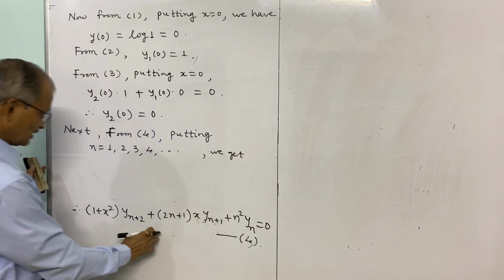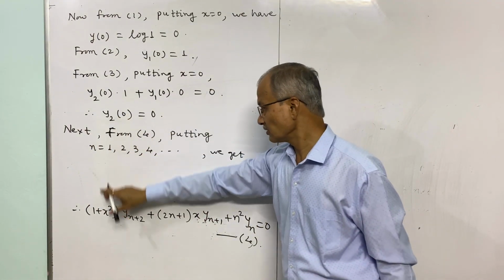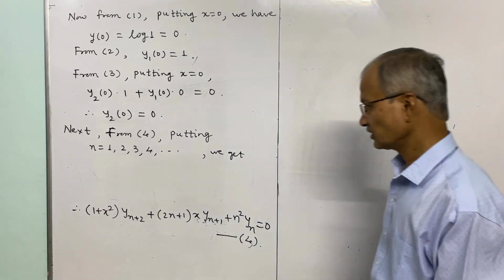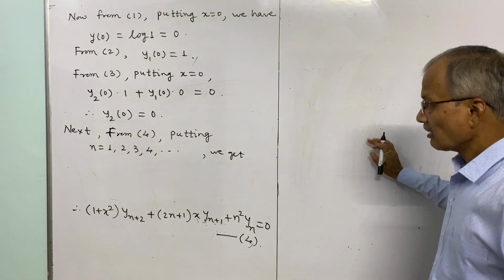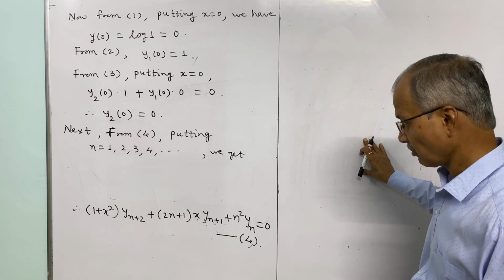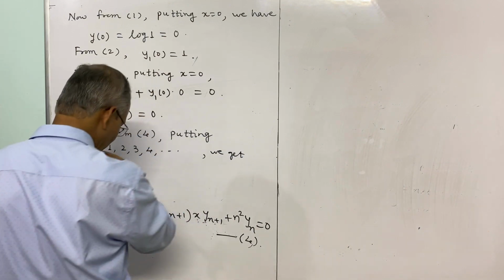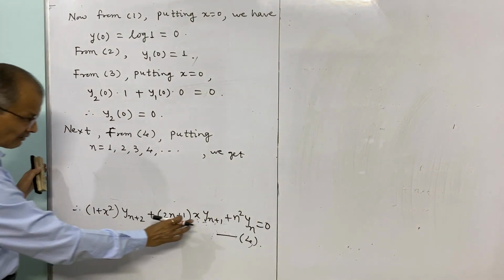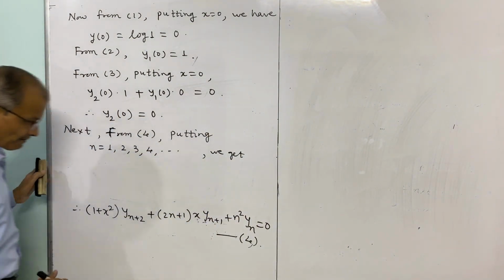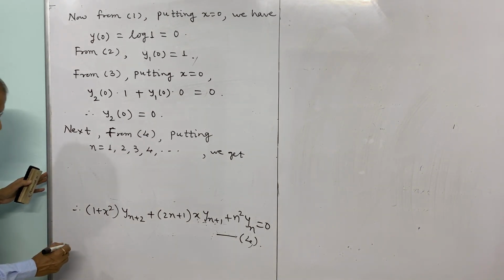Now I shall write these values on this side. First put n is equal to 1 in this. This we shall modify first, the fourth equation. The modification for the fourth is that we will write these terms on the right side, and then we will have the fourth equation.